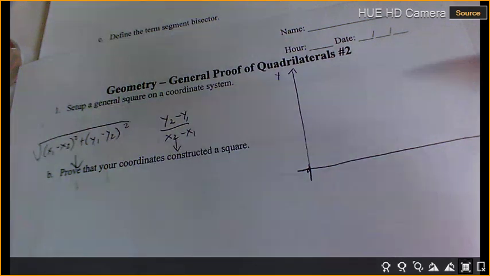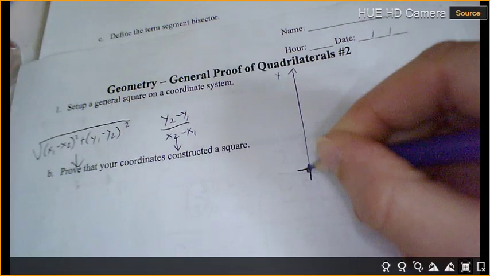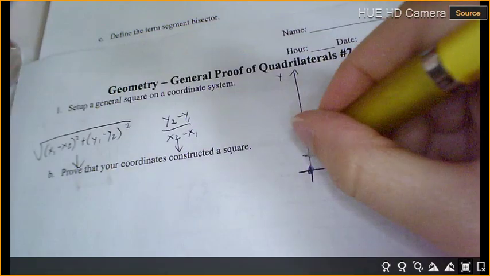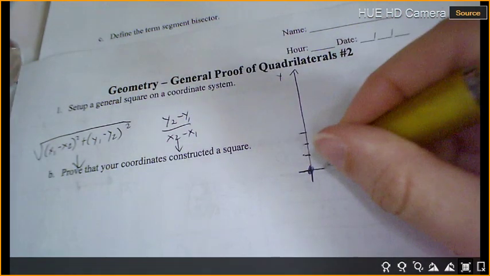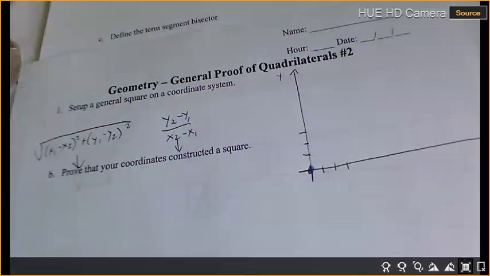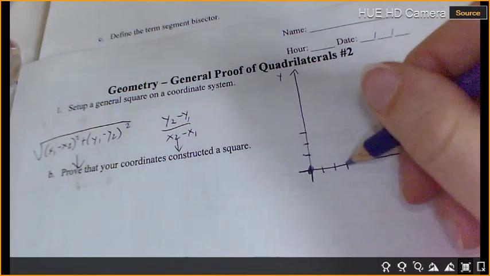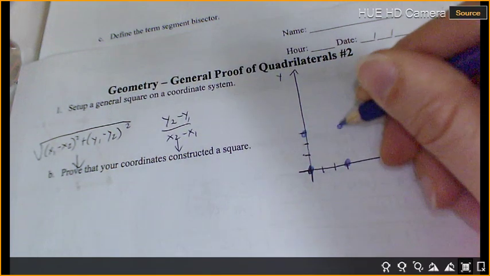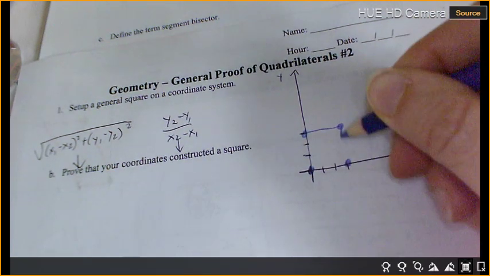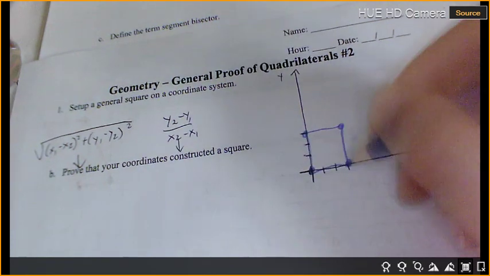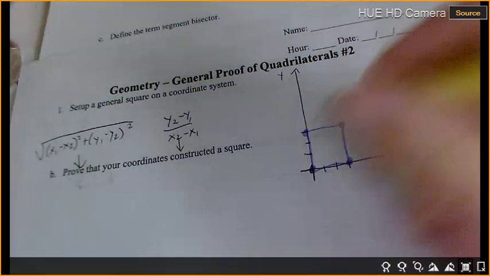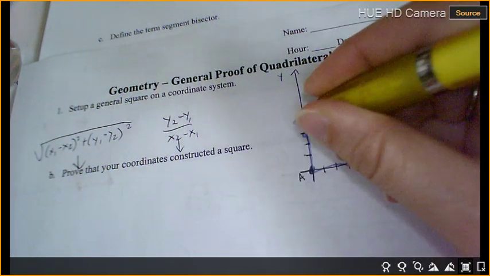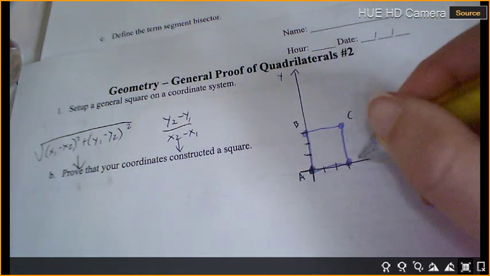It's going to help. So here's one at 0, 0, and we're making a square, right? So we want these the same distances apart. So here's my square. What am I going to name these points? Let's just call it A, B, C, D.